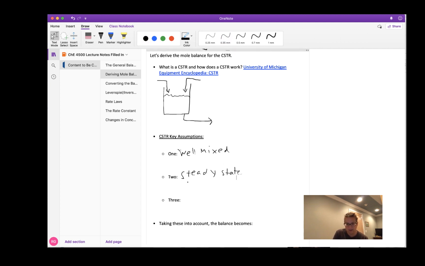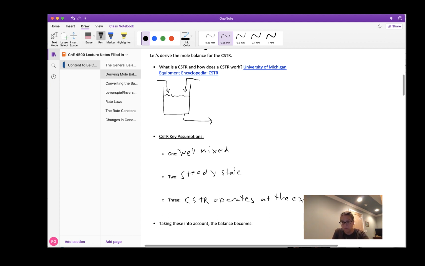So the CSTR operates such that the exit conditions, the concentration and temperature of this stream, are the same as the concentration and temperature of what's in here.